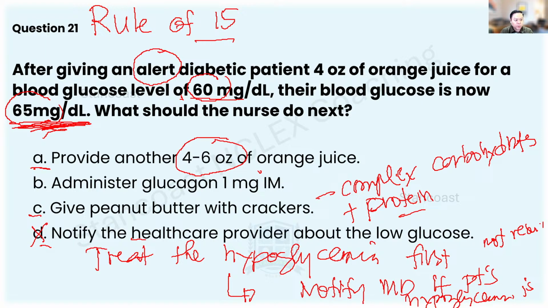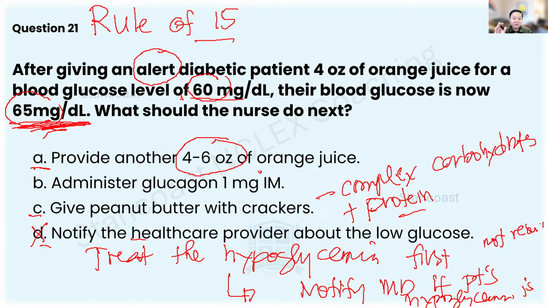We don't know. We don't have that information in the scenario. It could be that the patient has taken way too much insulin. It's hidden in the scenario. It could be that they have taken a large dose of insulin prior to this hypoglycemic episode. And so we are going to follow that rule of 15 until they reach that safe range.